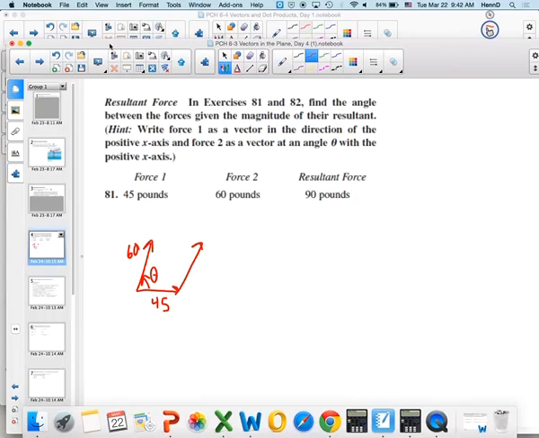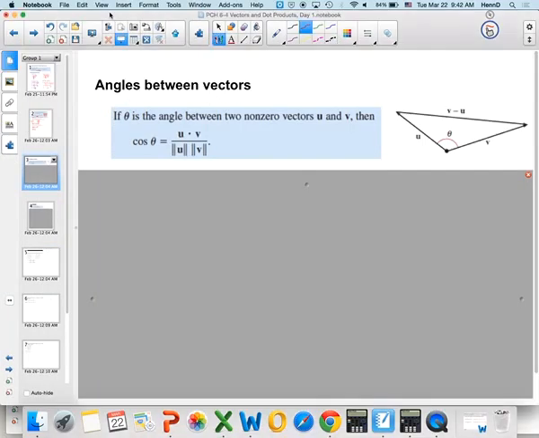And one thing that we can do if we know the vectors in component form is we can actually use this formula here. Okay? Now, you'll notice here, they actually define something for us. When we draw two vectors from the same point, the vector that connects the two is v minus u. Okay?